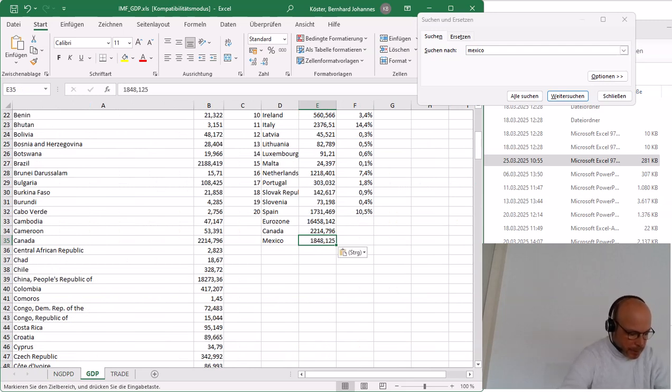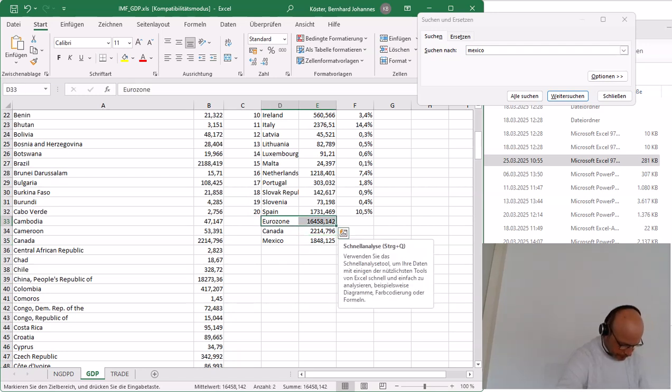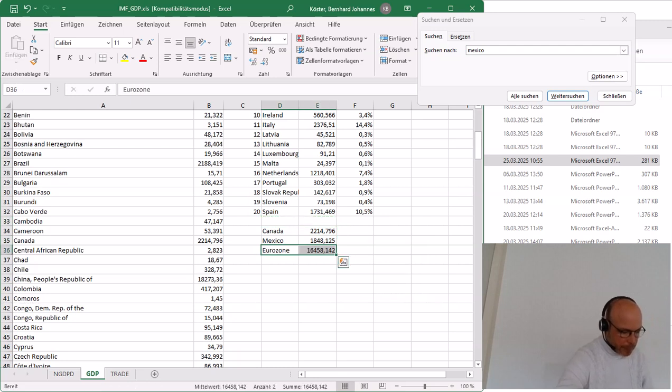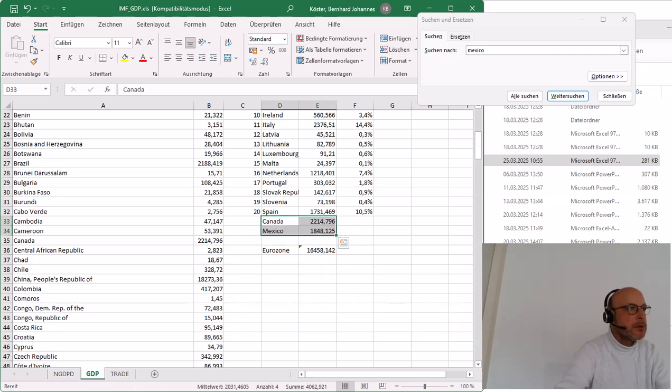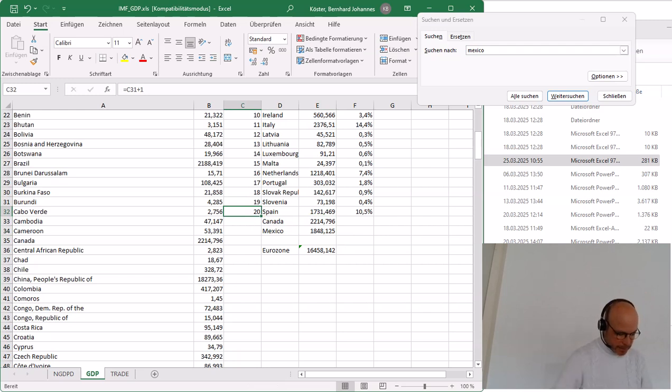GDP. If we now also want to include these two countries, then of course also the overall size of our total region is increased by Spain, by Canada and Mexico.